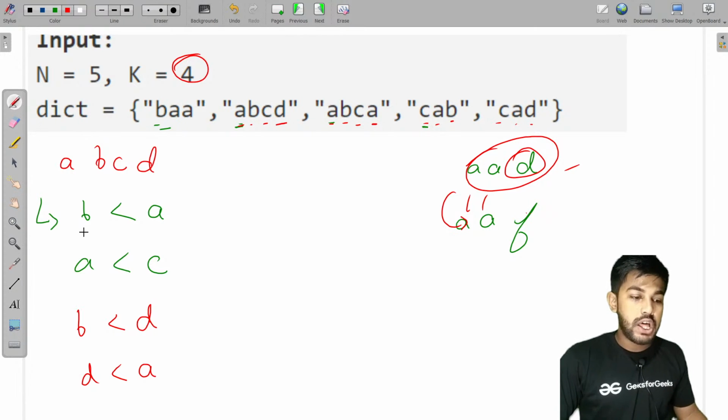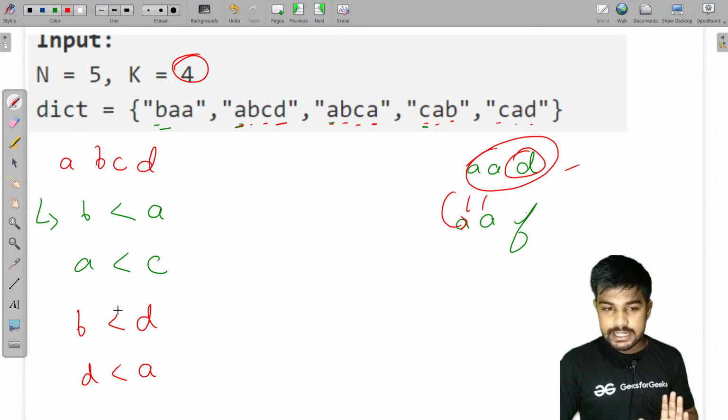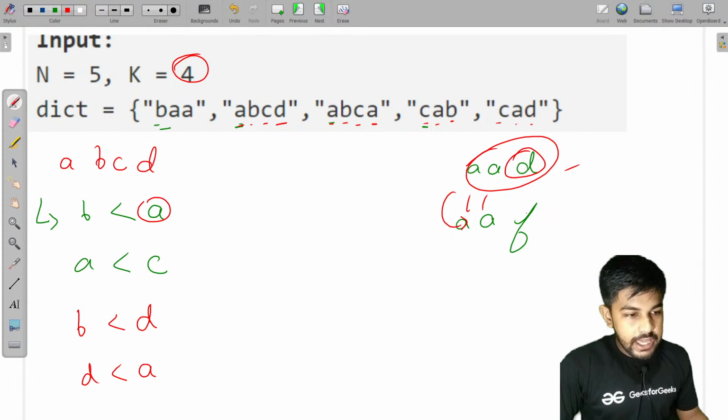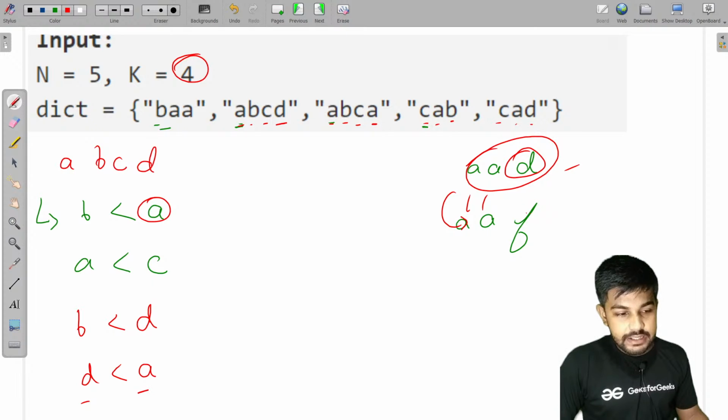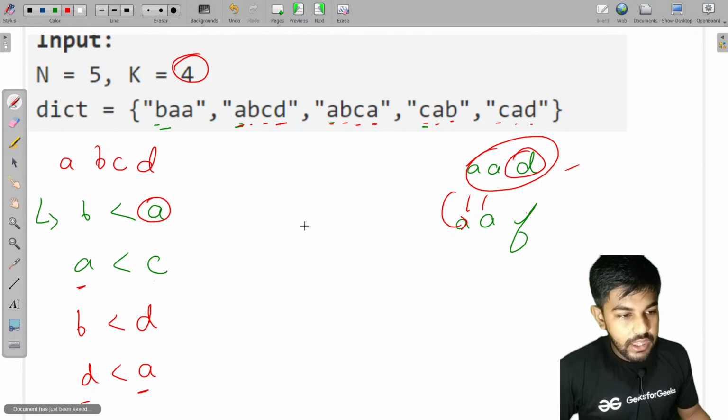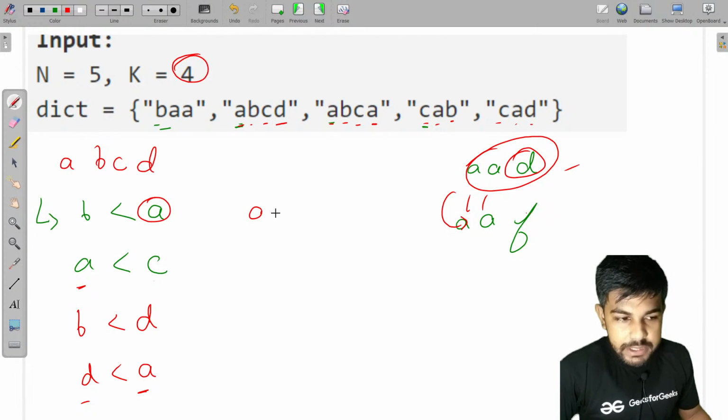Now A is greater than B, and A is greater than D, but A is smaller than C.